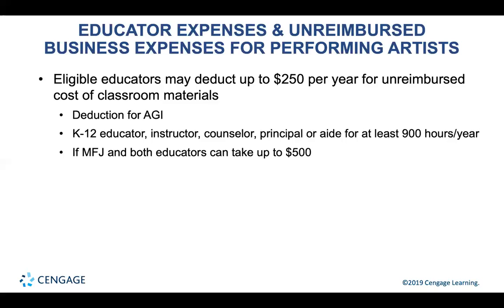And as you see, K-12 educators are the only ones covered. Therefore, even though I am an instructor, I am not an eligible educator because I do not teach K through 12. If both spouses are qualified educators and they're married filing joint, then they may take $500 of a deduction.